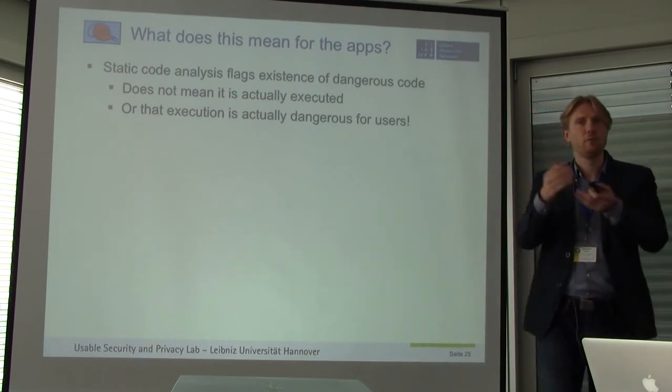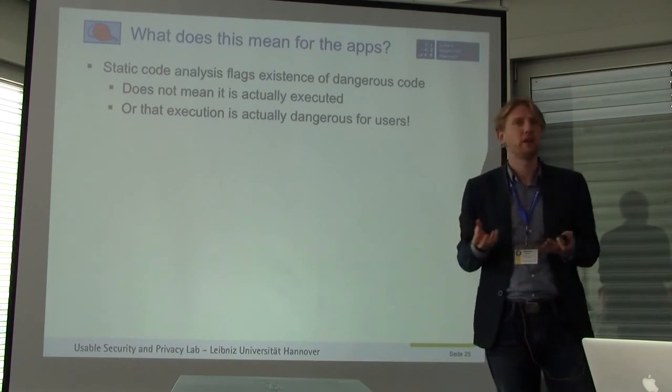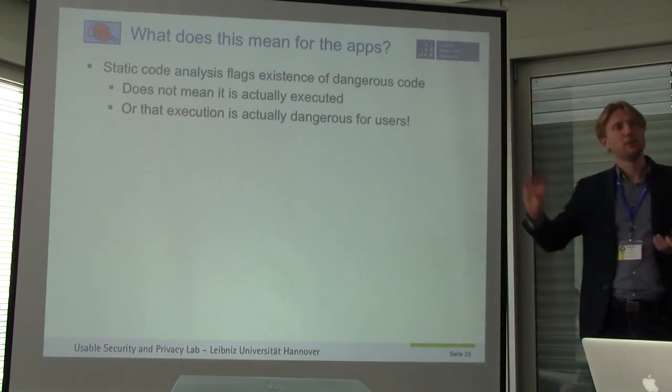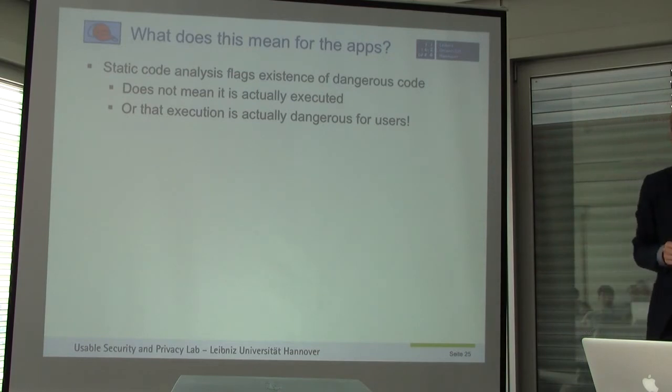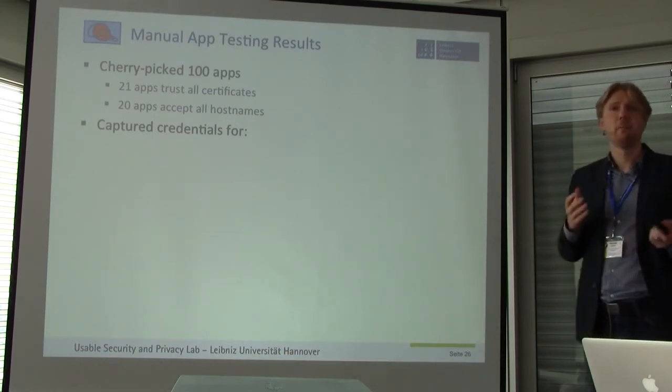In which case there would be flags which the developer can set to disable certificate checking in certain cases. And that might be completely fine. So these 17% of apps we found might not all really be broken. So what we did is we picked 100 apps from the big sample and did some manual checking.